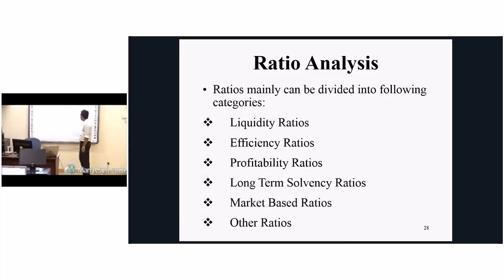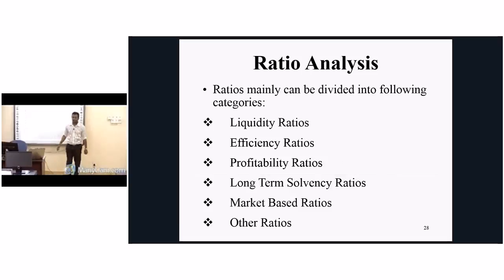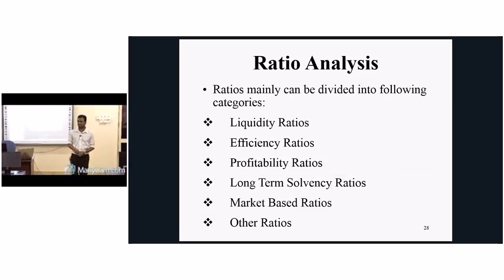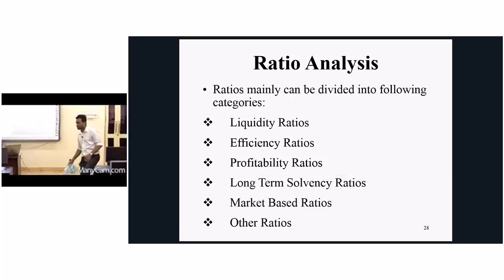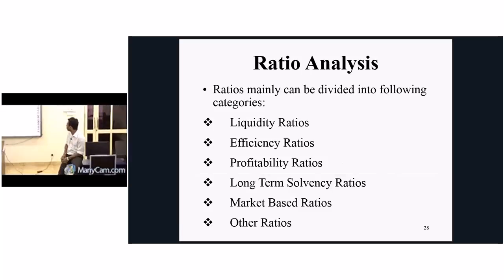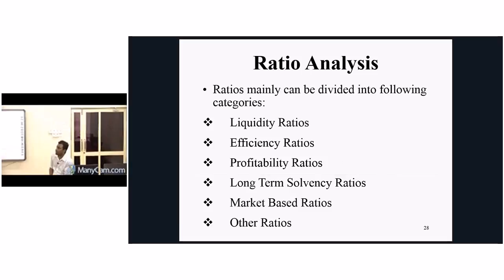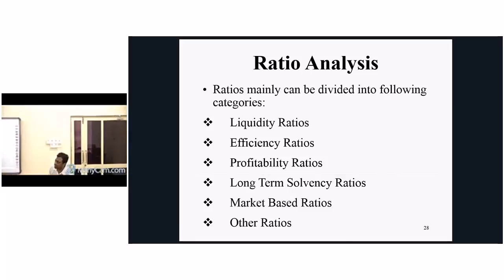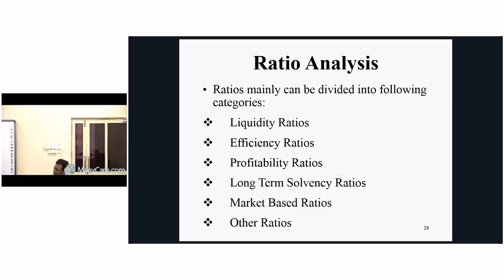There is no universally accepted method to classify ratios. Actually, I also have a lot of criticisms on these classifications. There is no universally accepted method to classify, but sometimes you can say even earning per share. What ratio is it? Investors ratio.